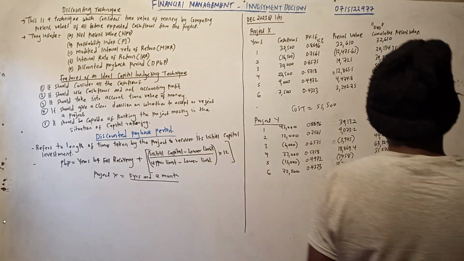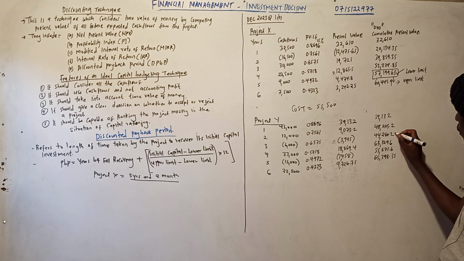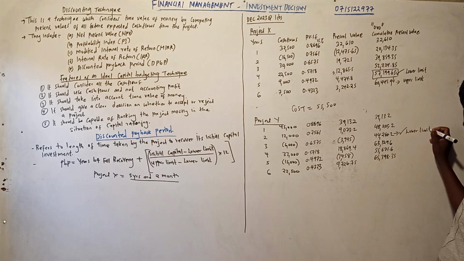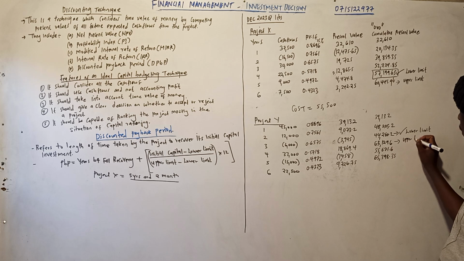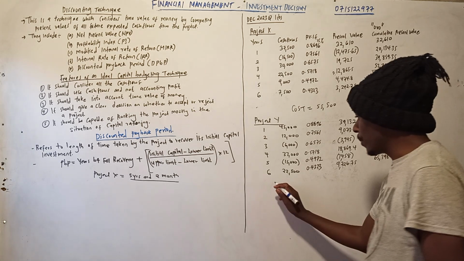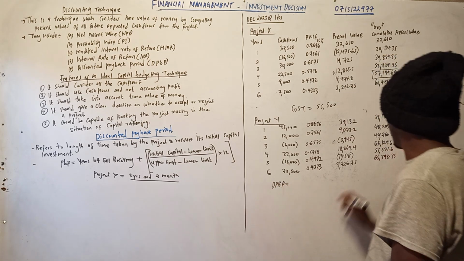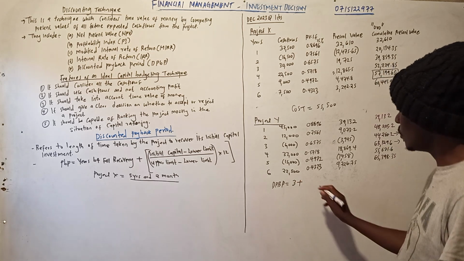Now in that case, tukiangalia, the first recovery will be at this point, which will form our lower limit. Then the next one will form the upper limit. So we can do that question now. So discounted payback period. The period of recovery is year 3 plus.